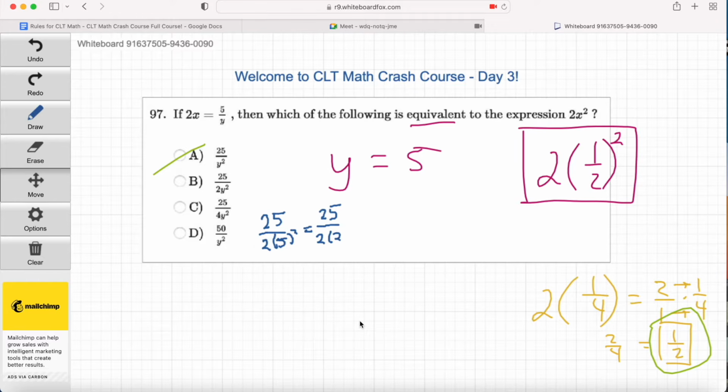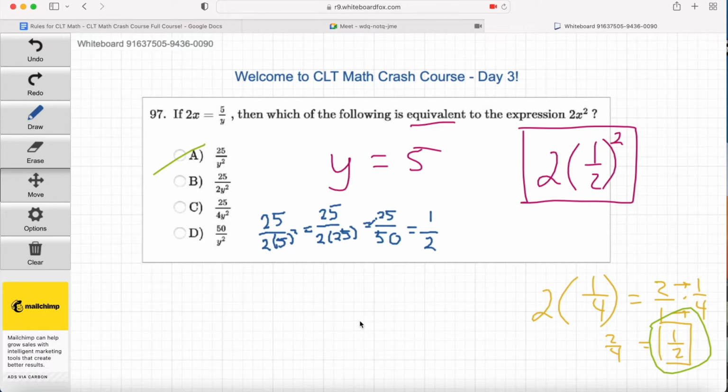And remember, you're only squaring the 5 here, right? So you're going to multiply 2 times 5 squared. What does that give us? You can feel free to write a little bit bigger on the whiteboard. Just make it really clear. There you go. So we get 25/50, which you can simplify, and it equals 1/2. So let's keep answer choice B, okay?